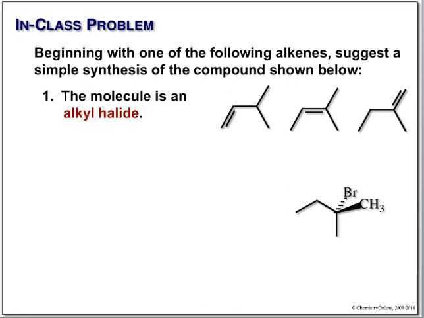Markovnikov or not? Is it attached to the most stable carbocation center? Absolutely. How many ways do I know to make Markovnikov alkyl bromides? One. Take an alkene and add HBr. That's it.